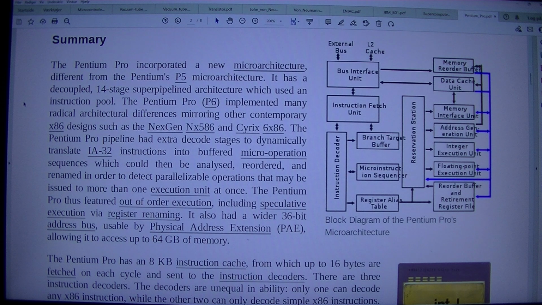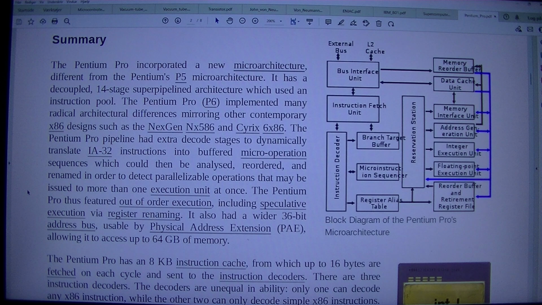The Pentium Pro P6 implemented many radical architectural differences mirroring other contemporary x86 designs such as the NexGen Nx586 and Cyrix 6x86. The Pentium Pro pipeline had extra decode stages to dynamically translate IA-32 instructions into buffered micro-operation sequences which could then be analyzed, reordered, and renamed in order to detect parallelizable operations that may be issued to more than one execution unit at once.